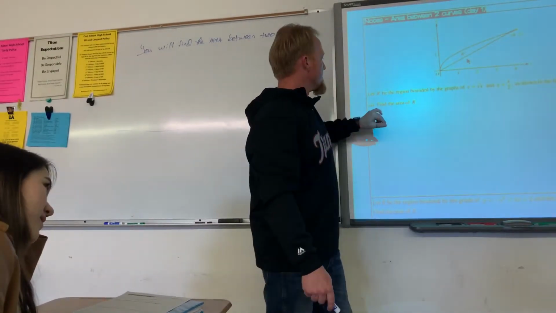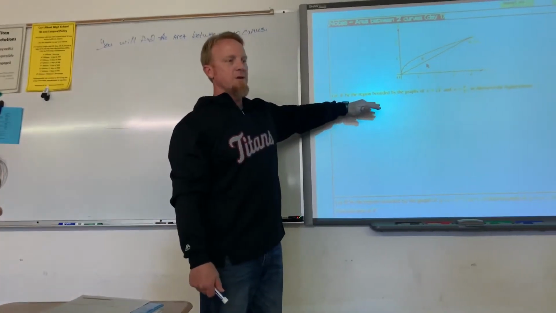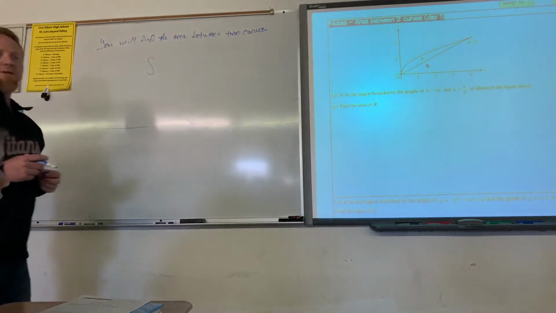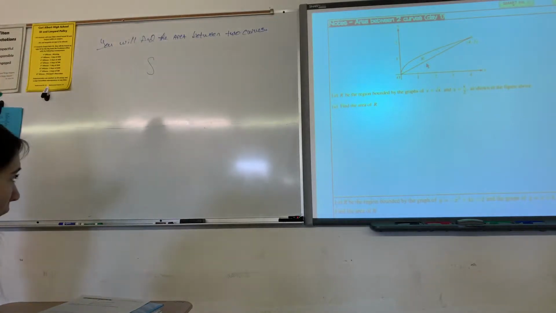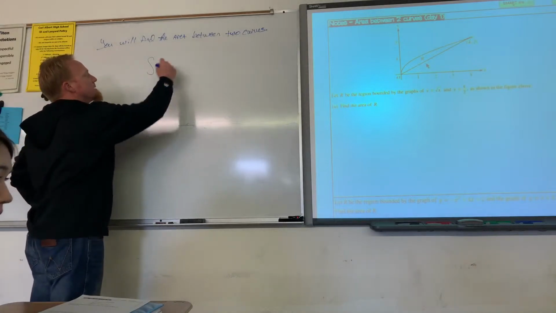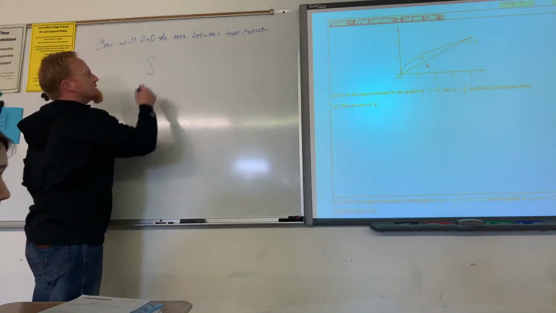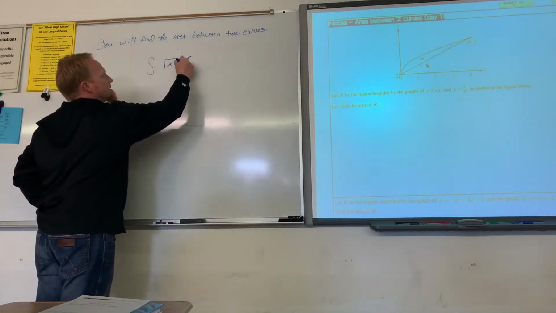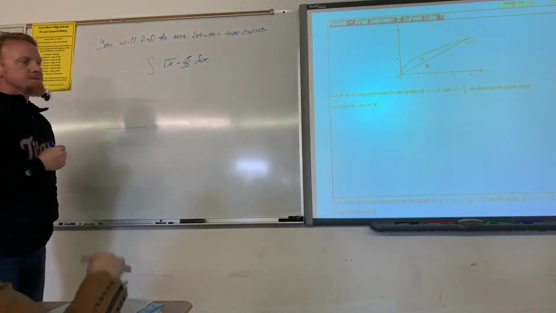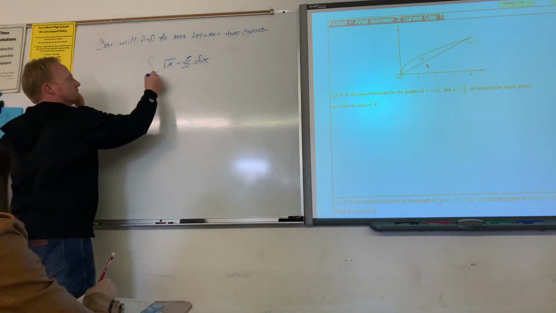We want to find the area of R. So raise your hand if you can set this up for me. I don't know what those values are, but I know it's going to be the square root of x minus x over 2 dx. And then would it be like 0 to 4? 0 to 4.